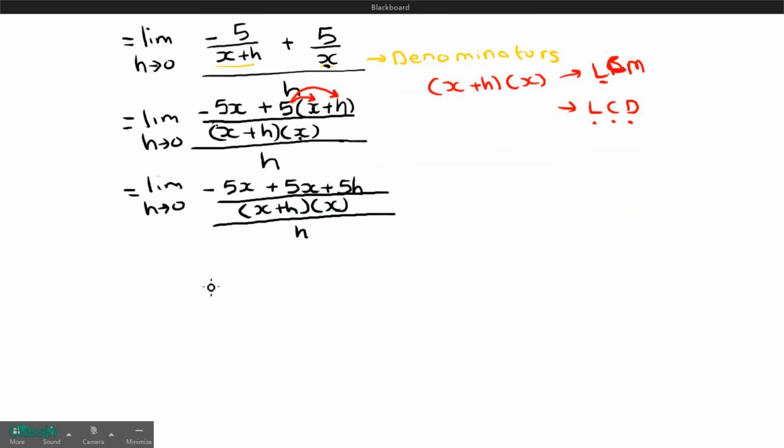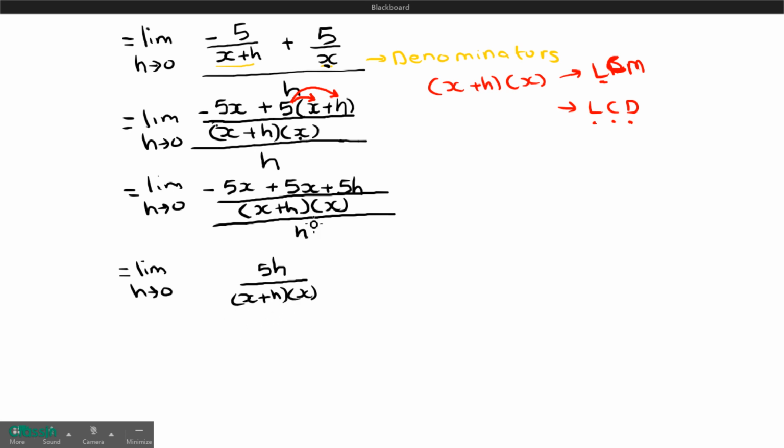Now, because we have this, we can cancel the ones that look exactly the same based on their signs. Negative 5x plus 5x is the same as negative 1 plus 1, which is the same as 0. Then what is remaining is 5h over x plus h into x.